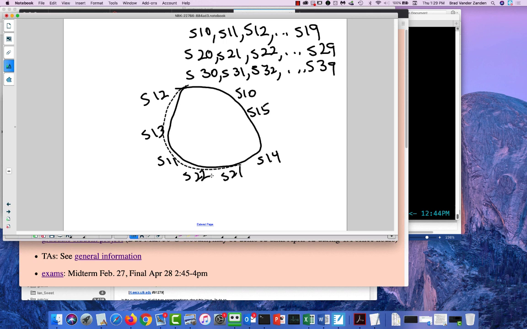Now, if server 2 goes down again, then server 22's things would be inherited by server 11, because those are the things closest to server 22. Server 21's things would also go to server 1 because S14 is the closest to server 21. But maybe we have server 23, and right here we have server 31. So everything associated with server 23 would end up going to server 3.